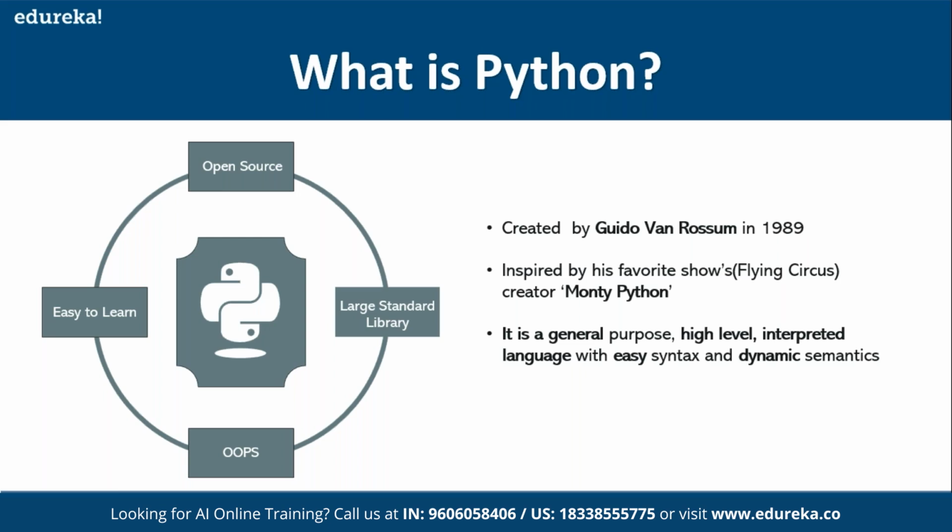So what's happening is the requirement to write code is reducing, and the necessity to leverage the already available libraries is increasing. That way it helps you do things very easily. All these aspects make Python one of the most adopted programming languages.